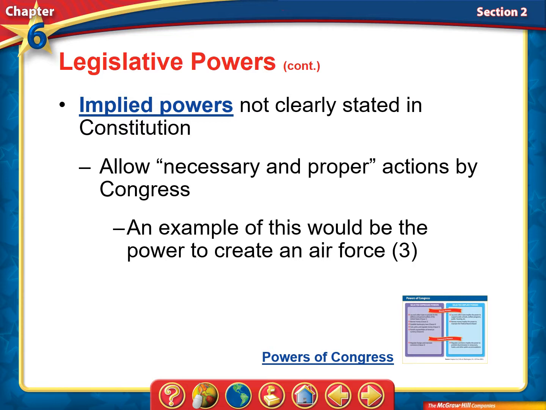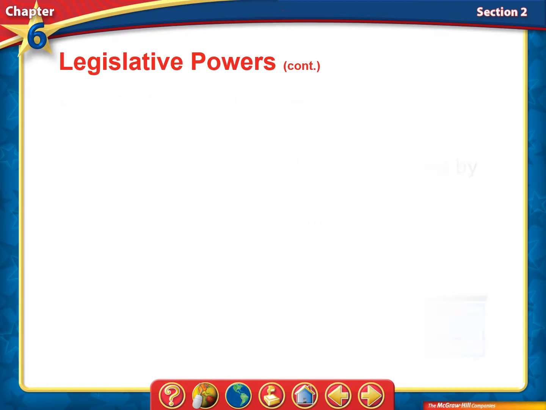No one had ever heard of a plane, or even conceived of one outside of maybe Leonardo da Vinci, when the Constitution had been drafted. But suddenly people are dropping bombs out of planes, and we have to start thinking about that. And so Congress created a whole new branch of the government called the Air Force. Again, not specifically stated.